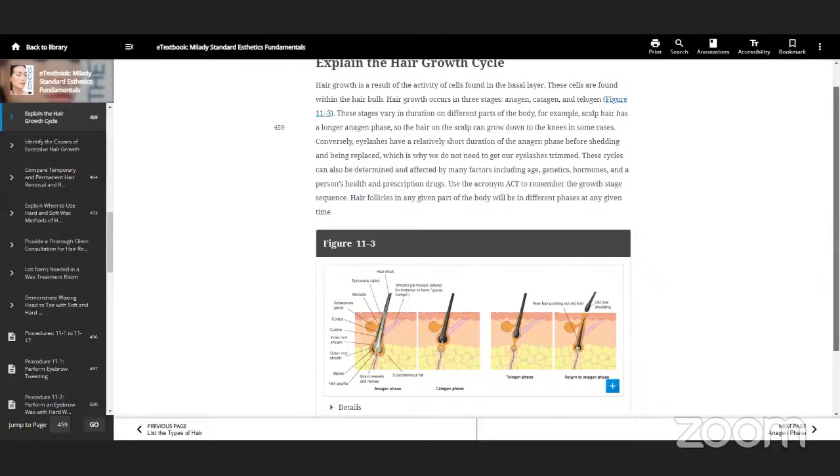So y'all, from now on, when people say, oh, my hair doesn't grow, and you're an esthetician, but literally this is the same training, the same information as cosmetologists, you'll be able to say, I wonder what stage your growth cycle is in, why you feel like your hair is not growing.